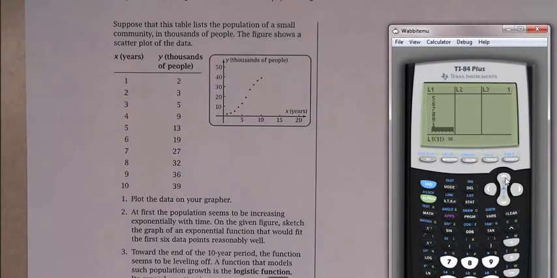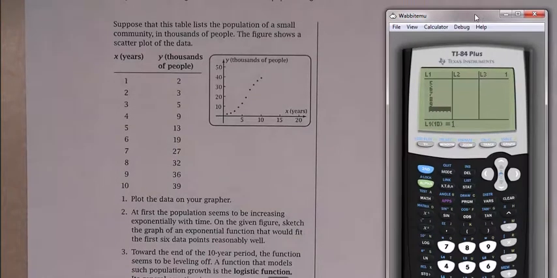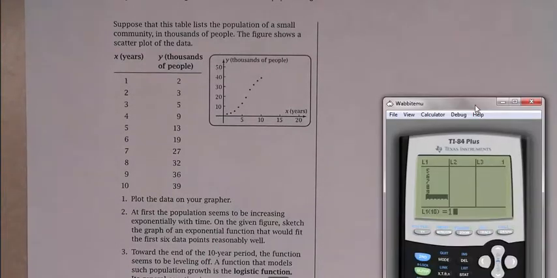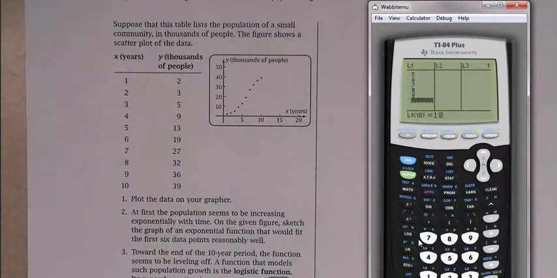Oops, that didn't work. Let's go back up to that one. I think I need to move this up. Oh, there's the problem. Okay, I'm going to do the same thing for my outputs by just going over to the right to my next list and entering in those outputs. Oops, got to do one at a time.